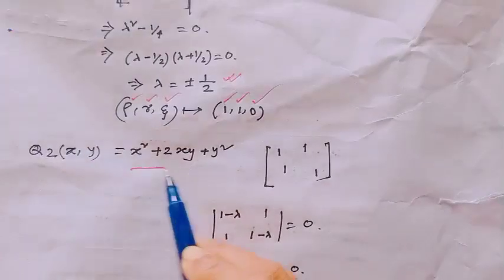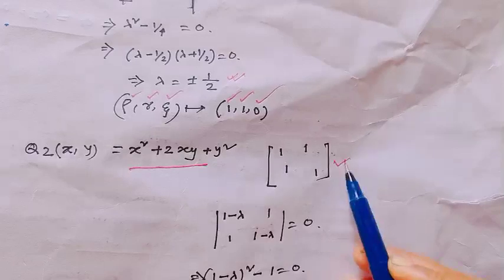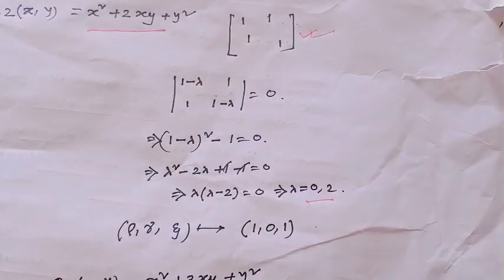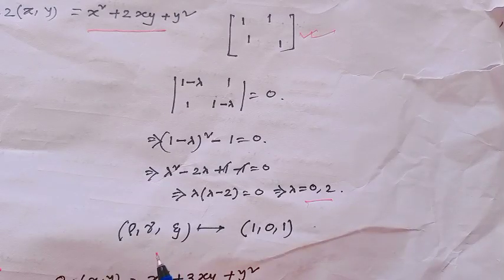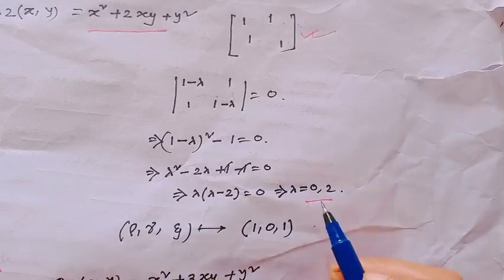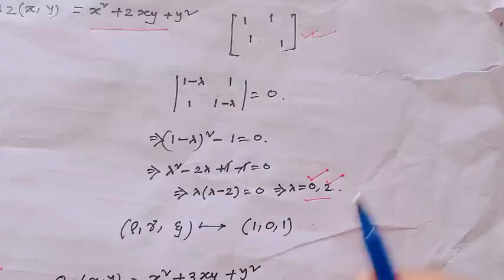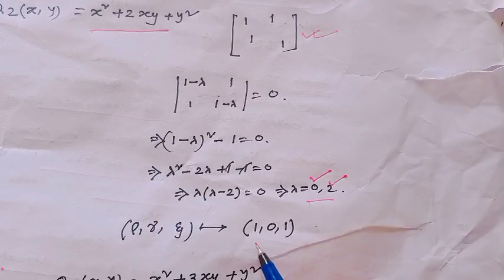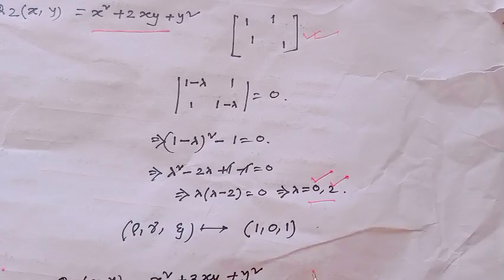And for Q2, here the quadratic form is this. From this quadratic form, we can generate this matrix, and here the eigenvalues are 0 and 2. Therefore, the inertia, which is denoted as rho, sigma, chi, has one positive eigenvalue and one zero eigenvalue. Therefore, the inertia is 1, 0, 1, because sigma being 0 means there exists no negative eigenvalue.